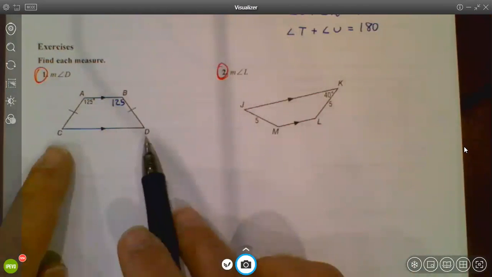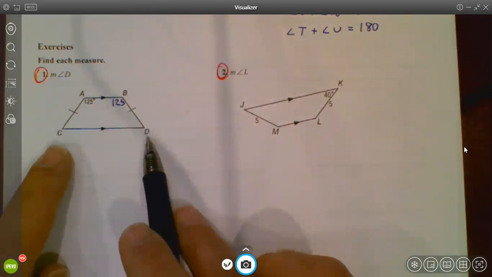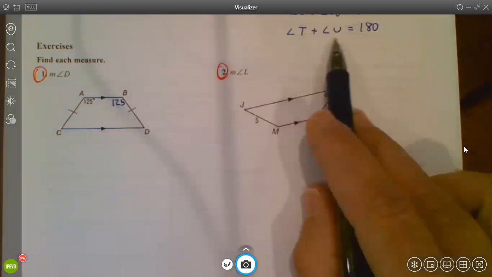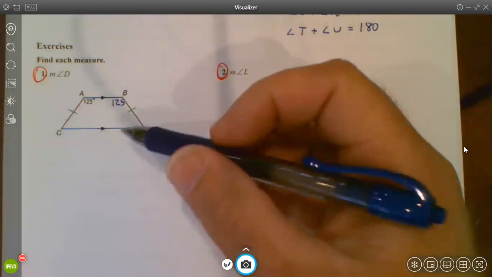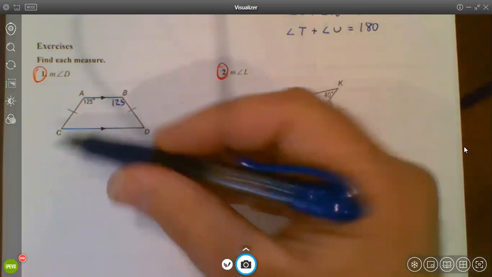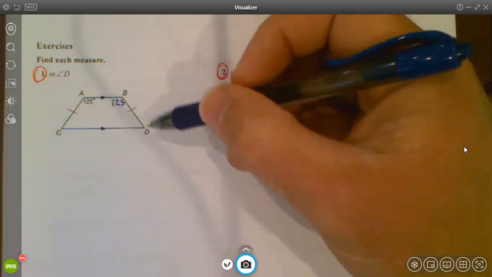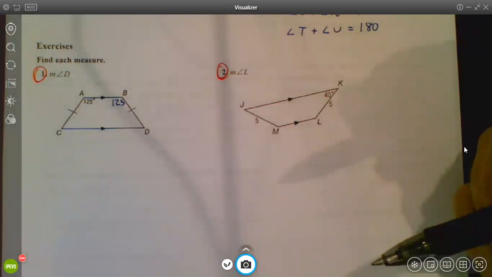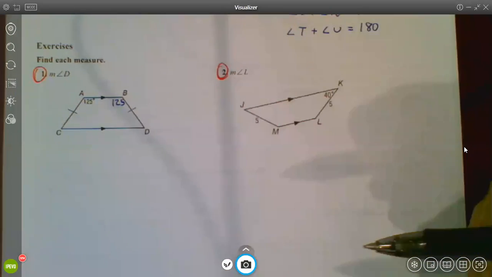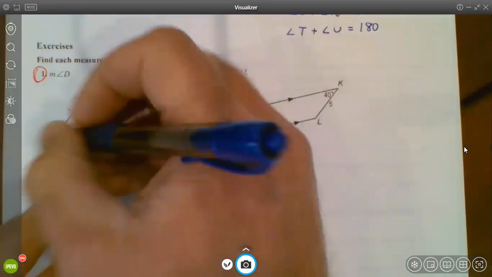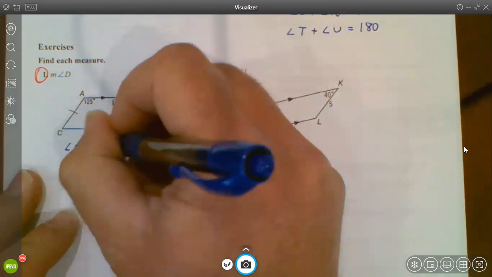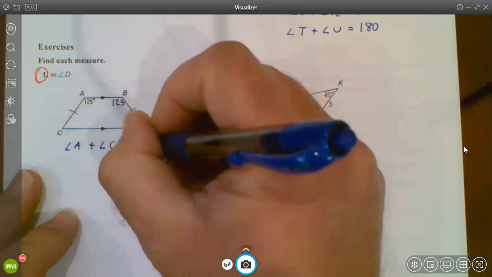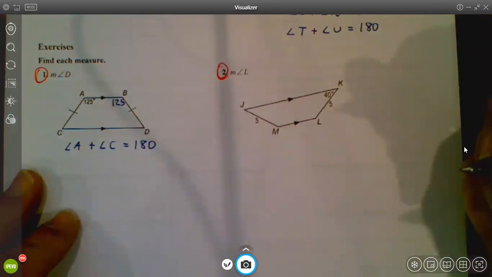So how do we get the bottom two though? That goes back to this rule. This is true about every trapezoid. Consecutive angles like A and C, or like B and D, would add to 180. So I know that, and I'll just write it out so you have it for your notes. I know that angle A plus angle C is 180.